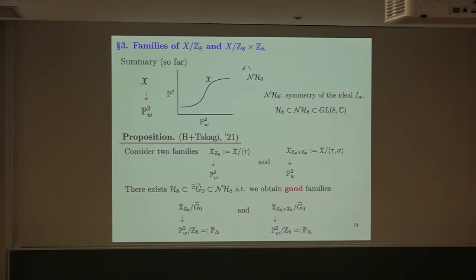Actually the symmetry group of the ideal is a little bit larger group, it turns out. If we take the entire normalizer group to take the quotient, we can take a further quotient here because the ideal is invariant. But that is not a good quotient.